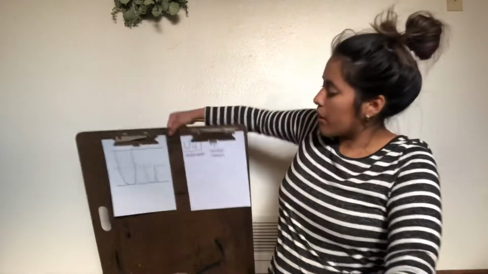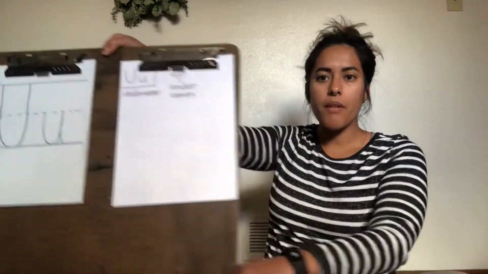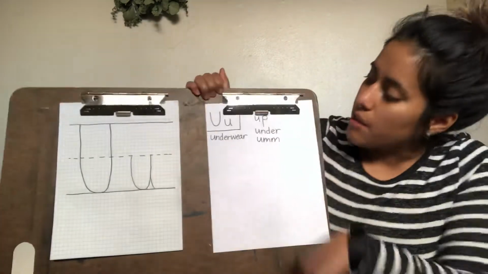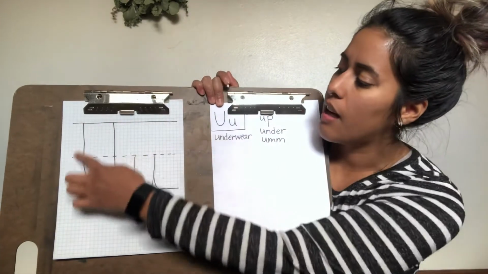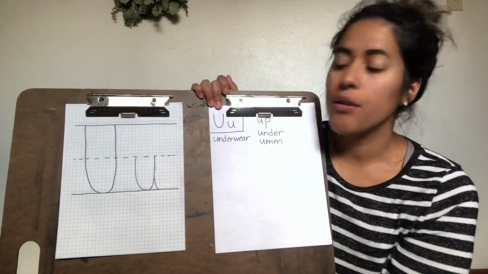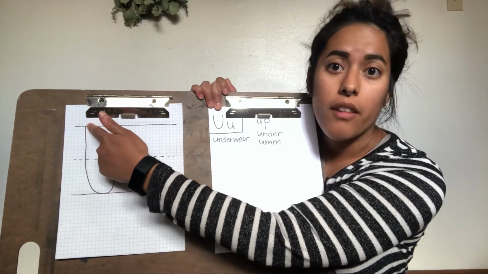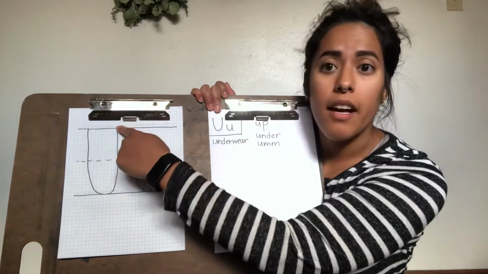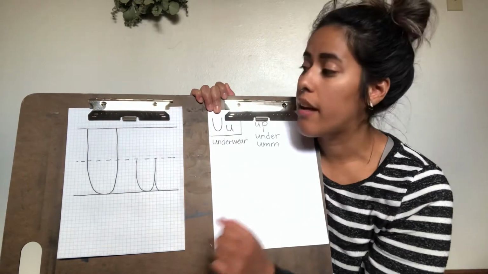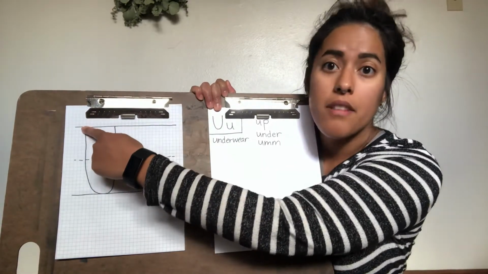Let me bring my board over here where you can see it. Alright, so here we have letter U. Remember, when we write letter U, we always start at the top. When you start your letters, always at the top.